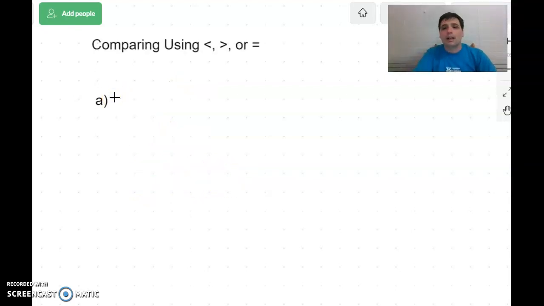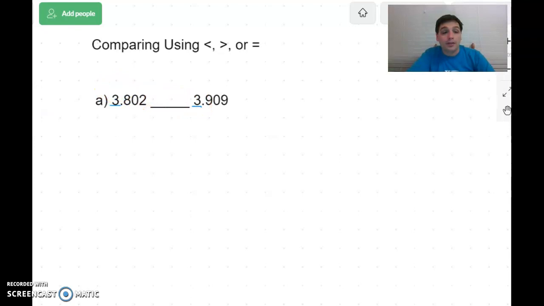So let's look at some other problems now. Now I'll try a problem that's going to have a little more complication to this. We'll try 3 and 802 thousandths and 3 and 909 thousandths. Once again, I always want to start at my ones column. I have 3 ones here and 3 ones here. They are both the same, so I cannot compare them yet.